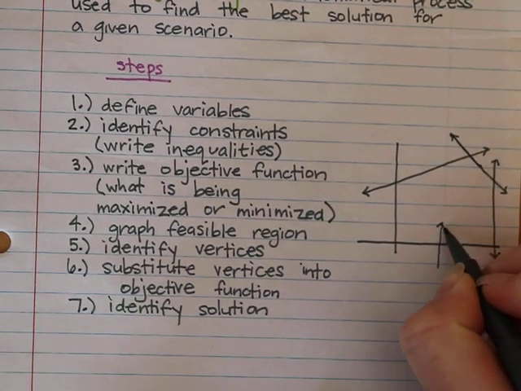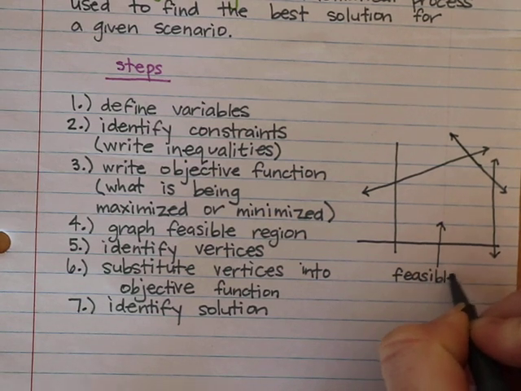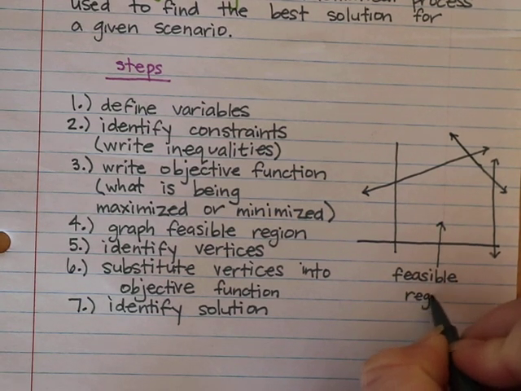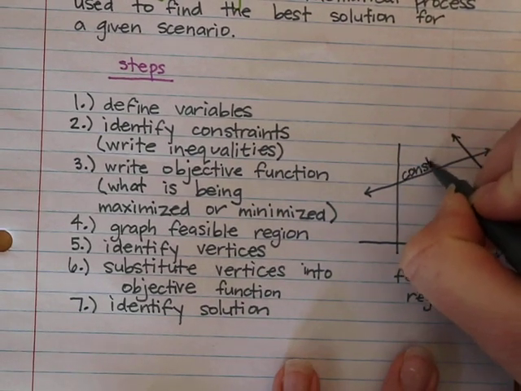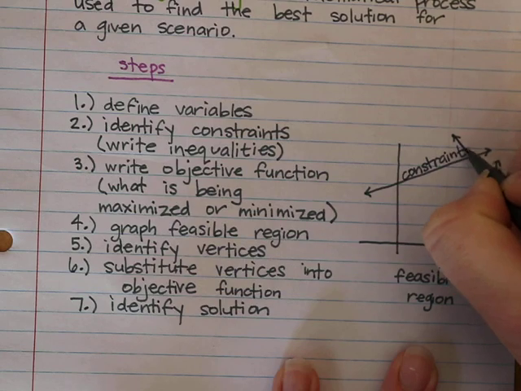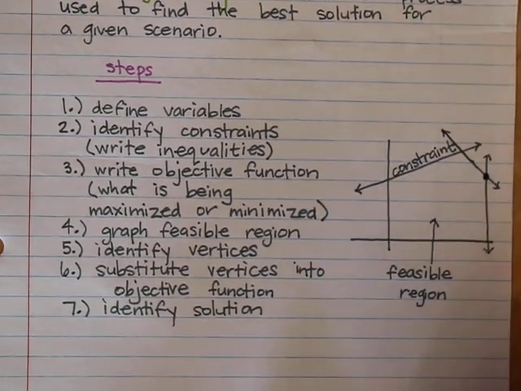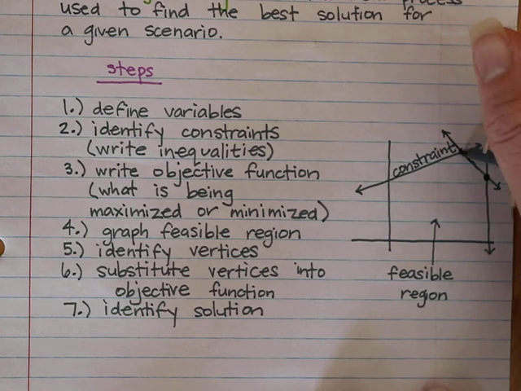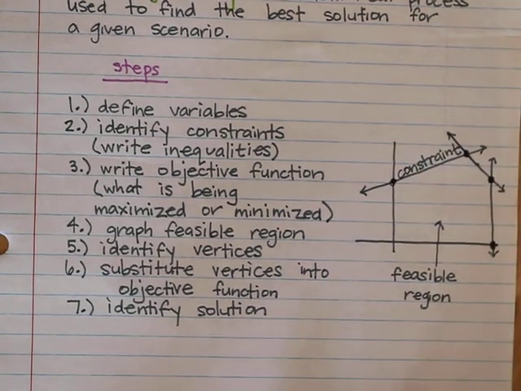This area inside the house, so to speak, is your feasible region, formed by your constraints, and this would be one of those vertices. Same here, here, here. Those would be those key points.